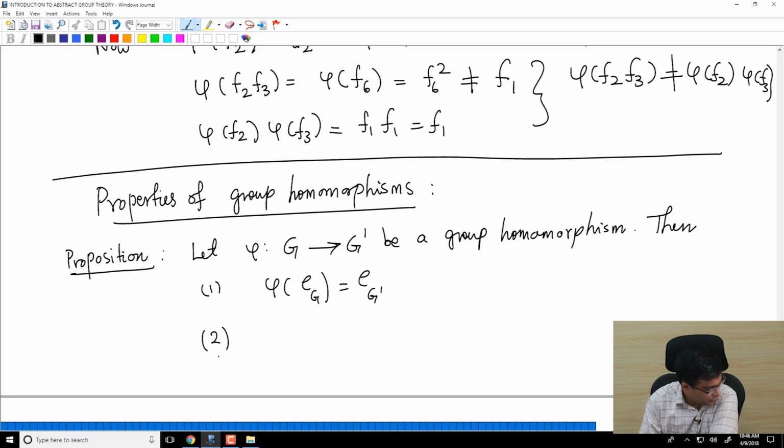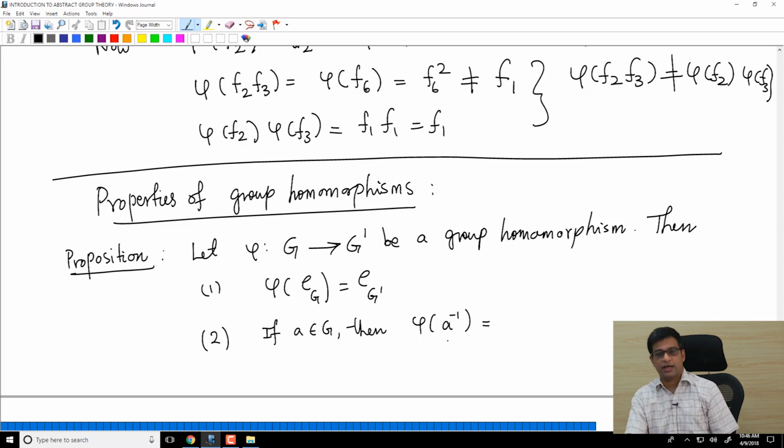Further, we have: if A is an arbitrary element of G, then phi of A inverse, that means I first take the inverse of A and apply phi to it, I get the same answer as first taking the image of A and taking the inverse.